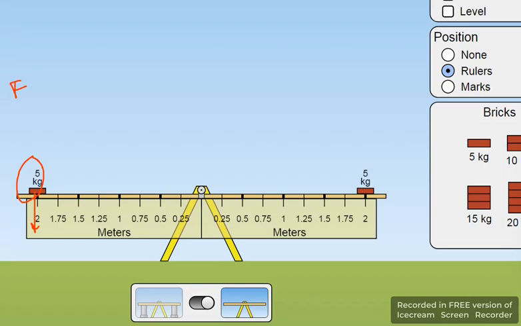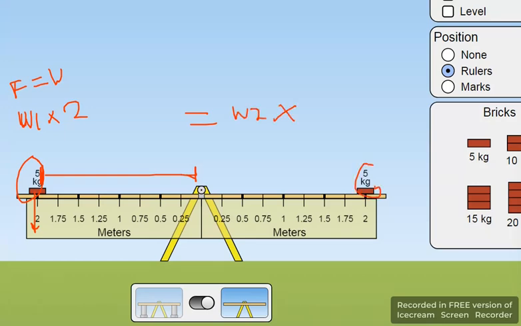So weight 1 into the distance between the hinge point and the point of application of force, that is 2, equals W2, the weight of the second object, into the distance between the hinge point and the point of application of force. So this 2 and this 2 cancel out. The case here is W1 equals W2, which means the weight of these two objects is the same.